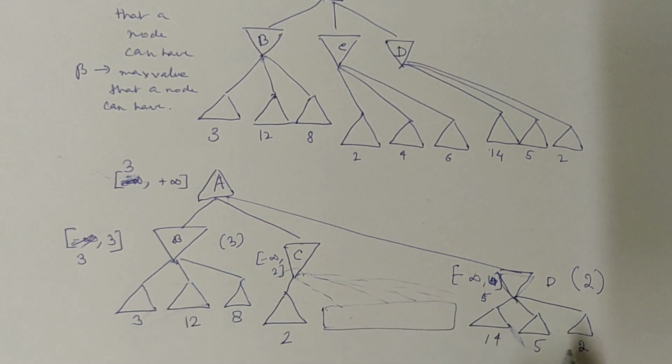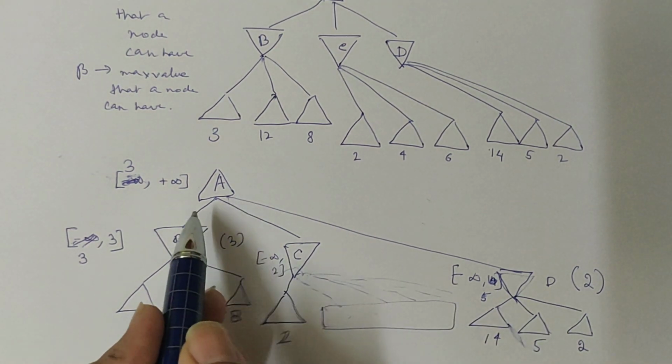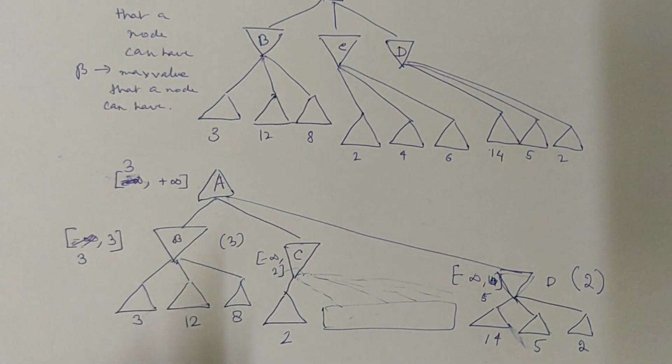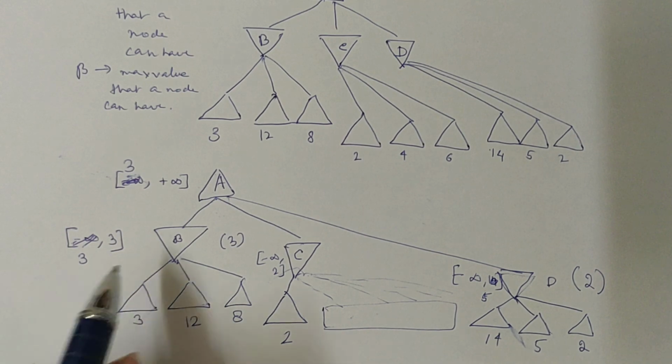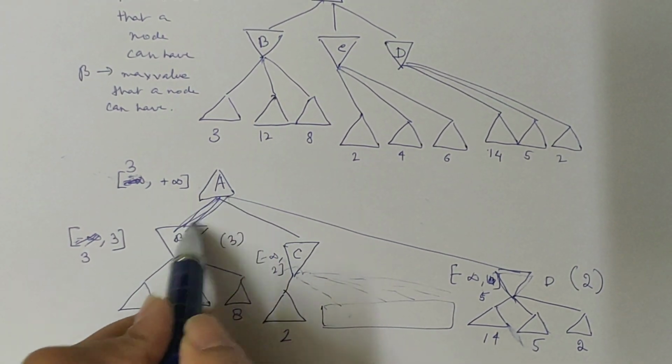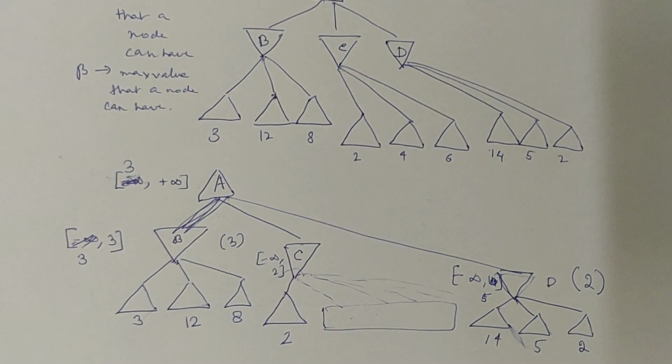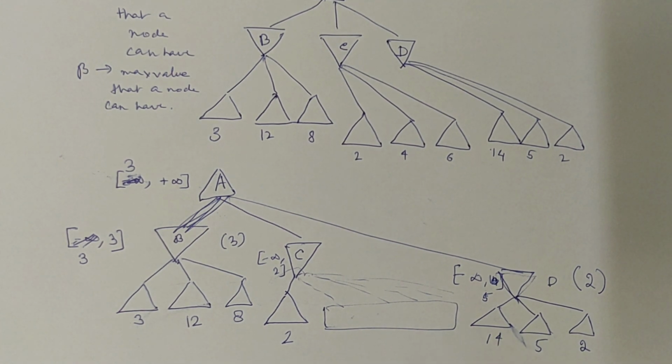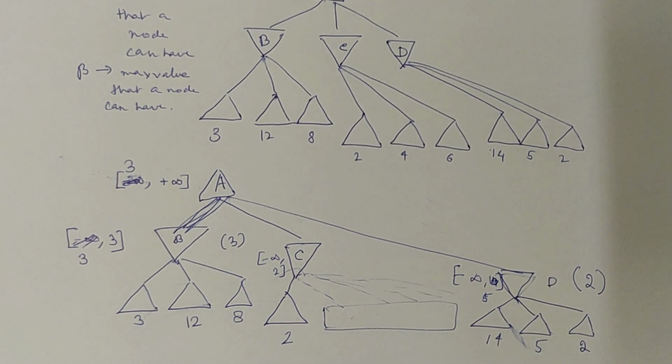And A understands that the best move that I can make under this condition is this move, in which I will get a value of 3. That part was already covered in the minimax algorithm.